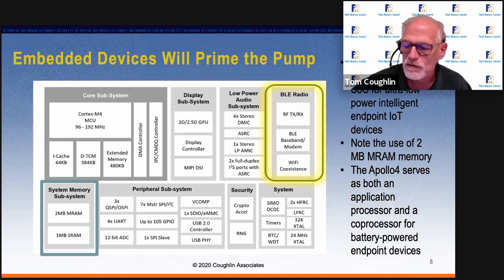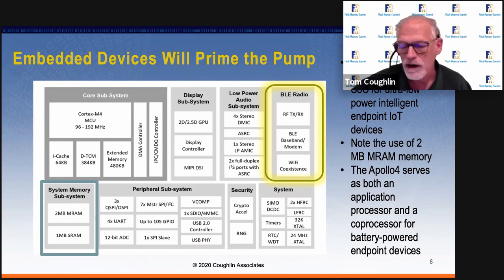The SoC chip achieves power use as low as 3 microamps per megahertz by using MRAM memory with low, deep sleep current modes and operates up to 192 megahertz clock frequency. The figure here shows the block diagram for this chip with various features, including 2 megabytes of MRAM, along with up to 1 megabyte of SRAM. The Bluetooth or BLE radio blocks are in a Bluetooth version of this chip.